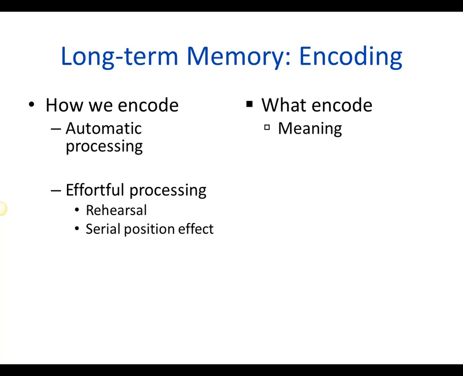How we encode automatically and effortfully, but what we encode is the meaning. And the meaning generally is semantic or visual. And if you'll remember, the sensory memories that we encode generally tend to be iconic or echoic. So it would make sense that when we encode something, we're going to encode it based upon visual or acoustic value or meanings.